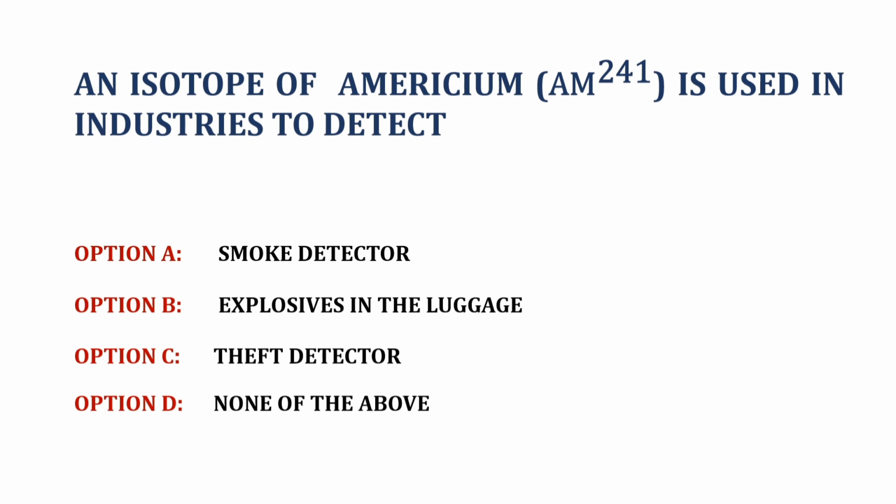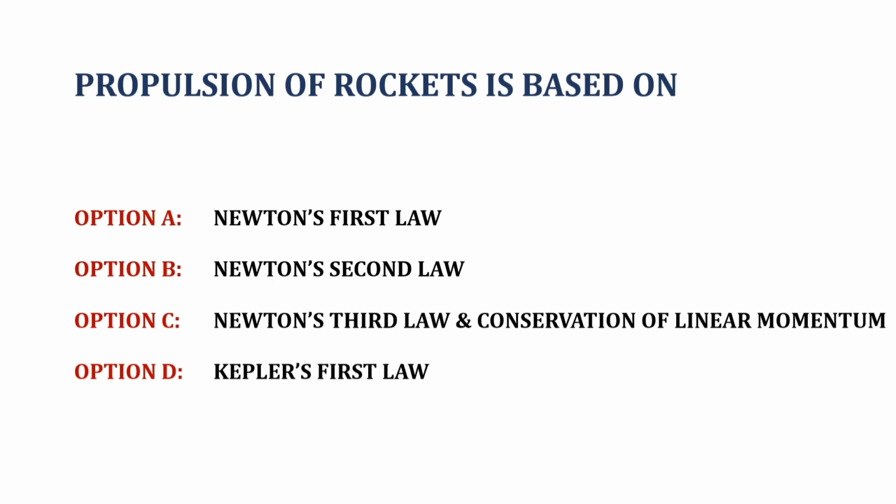An isotope of americium is used in the industries to detect? Option A, smoke detector. Propulsion of rocket is based on? Option C, Newton's third law and conservation of linear momentum.